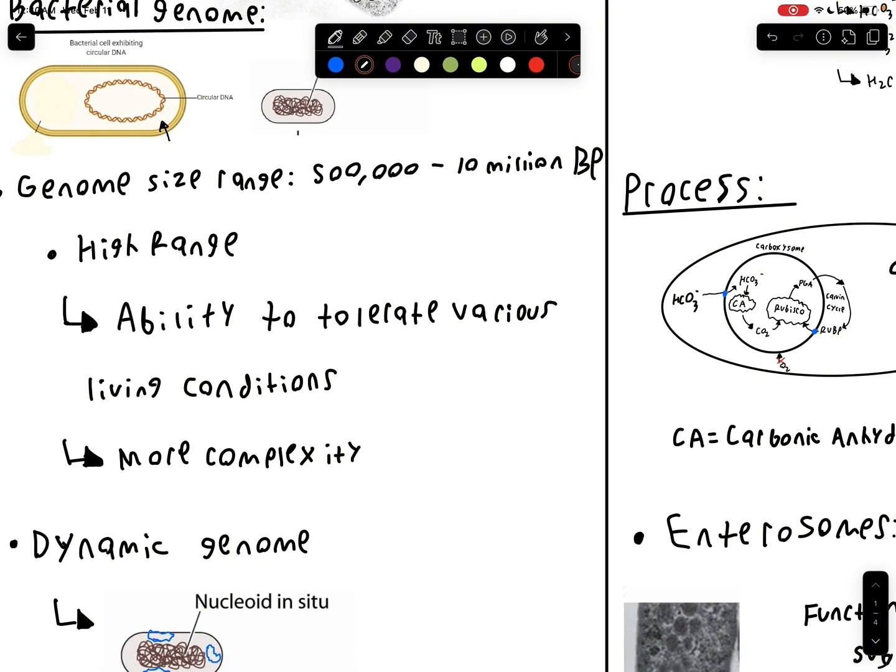The other thing is more complexity. If it has a bunch of internal structures, appendages as we talked about in the last video, a huge thick cell wall, all these different things, it needs more instructions on how to build it, how to piece it together, how to break it down, how to do basically everything.